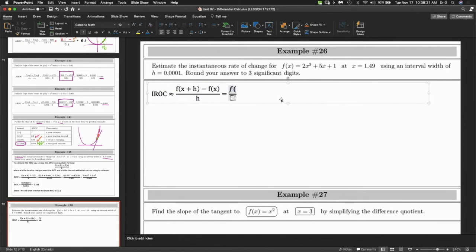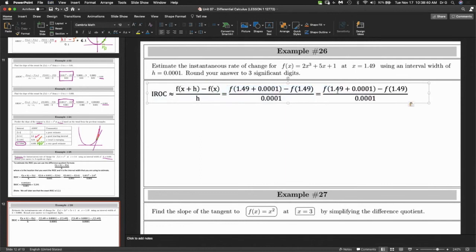So that's f of 1.49 plus h, and then f of 1.49, over h. And then that becomes 1.4901.